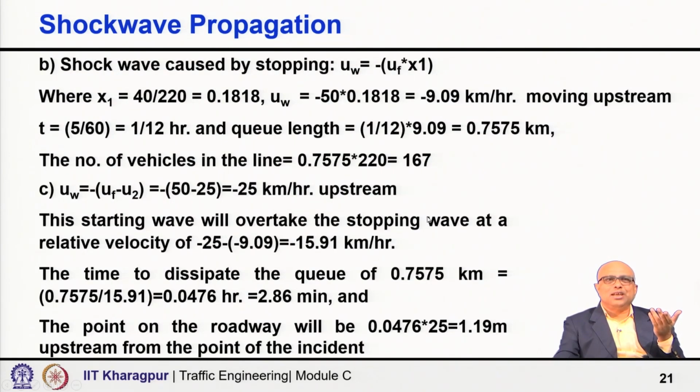So, here in this case uw equal to uf minus u2. The starting wave will overtake the stopping wave at a relative velocity of how much? This is 25, and the other shock wave has 9.09. So, the relative velocity is 15.91. So, the time to dissipate the queue of 0.7575 kilometer will be 0.7575 divided by this relative velocity.